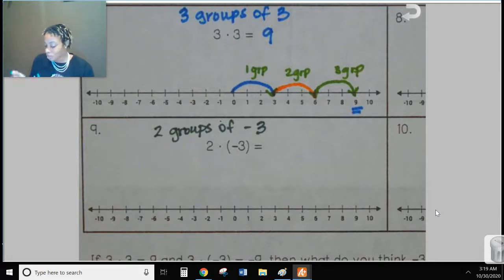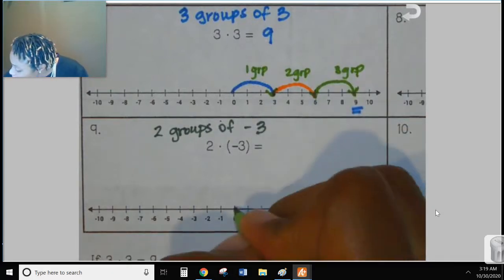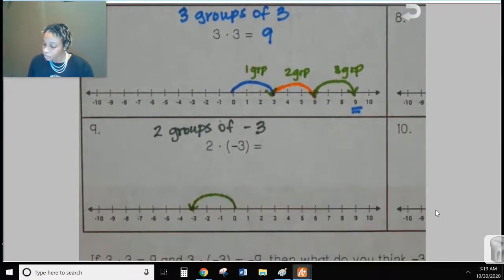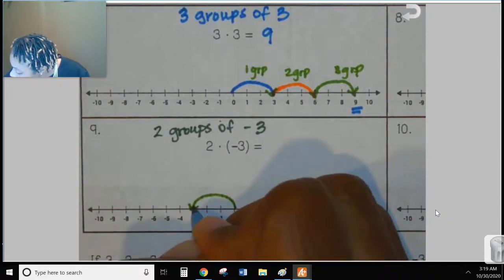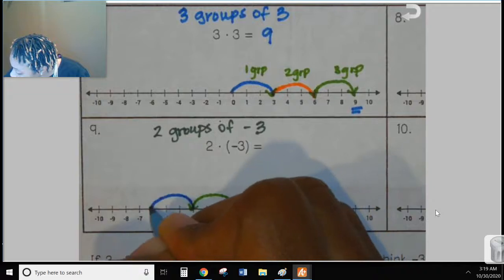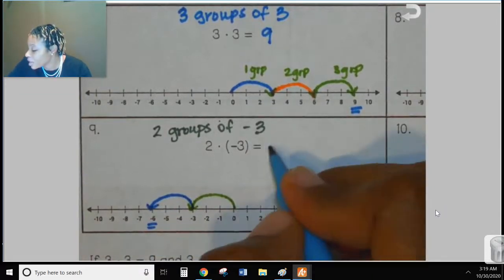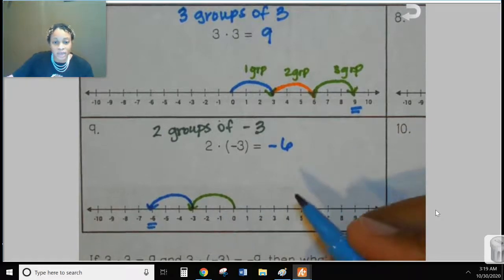So again, we start at 0. My first jump is going to land me on -3. And then my second jump is going to land me 3 more from that, and I will fall on the opposite of 6, or -6.